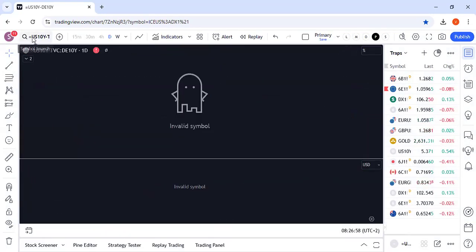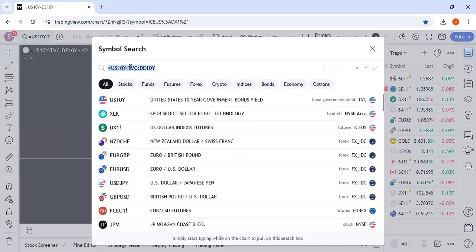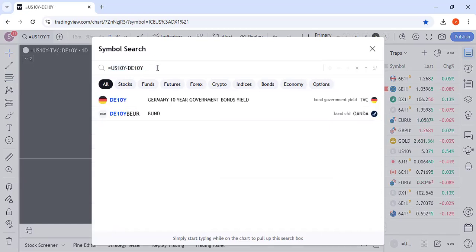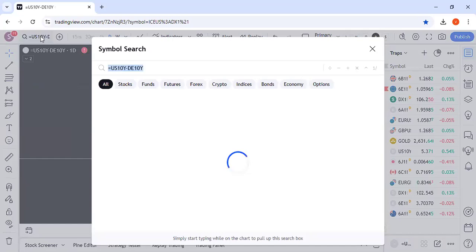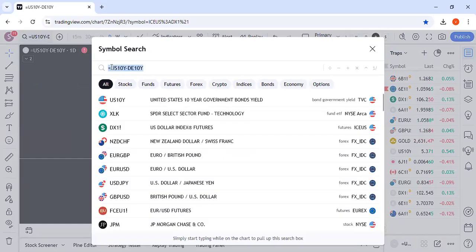Uh-oh. What happened? What is it saying? Invalid symbol.